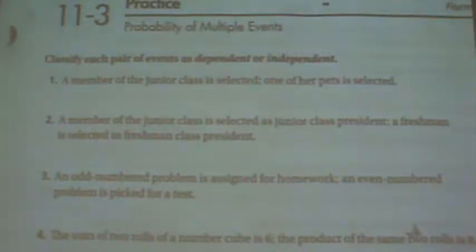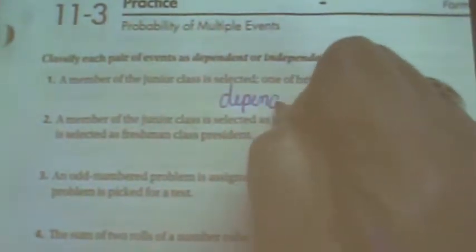Okay, so number one, this one's a little confusing. A member of the junior class is selected and one of her pets is selected. That one is dependent because it depends on who's selected.